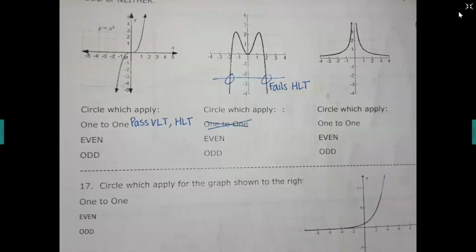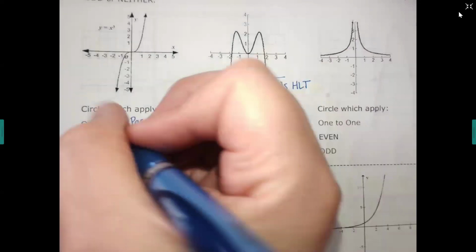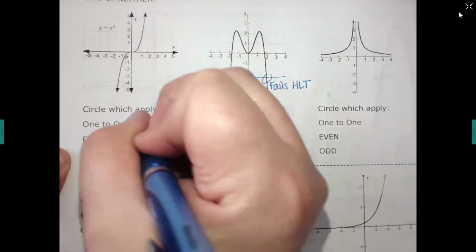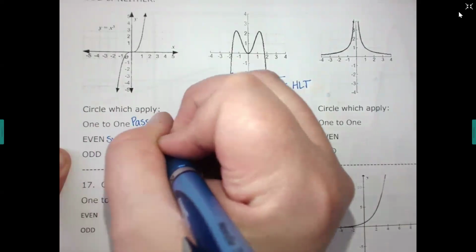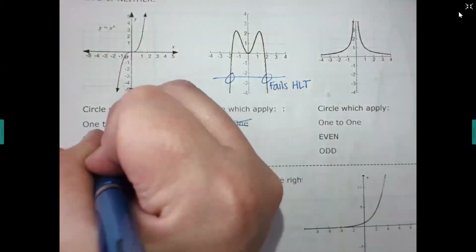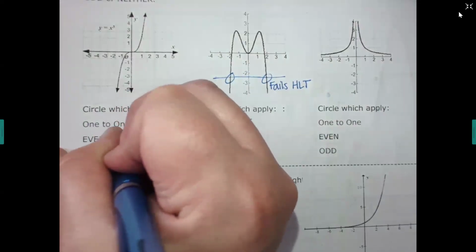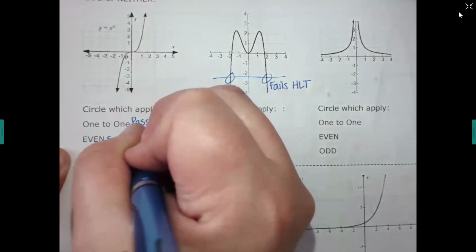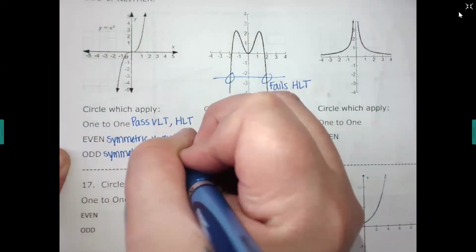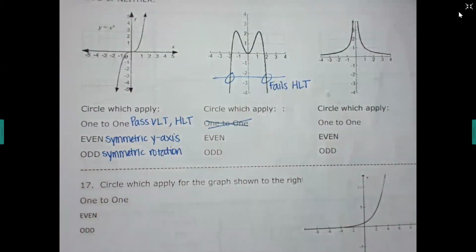Second question. If it's even, the y-axis should be symmetric. And then if it's odd, you should have a symmetric rotation. Do you remember that's where you put your finger in the middle, turn your paper upside down, and it should look the same.